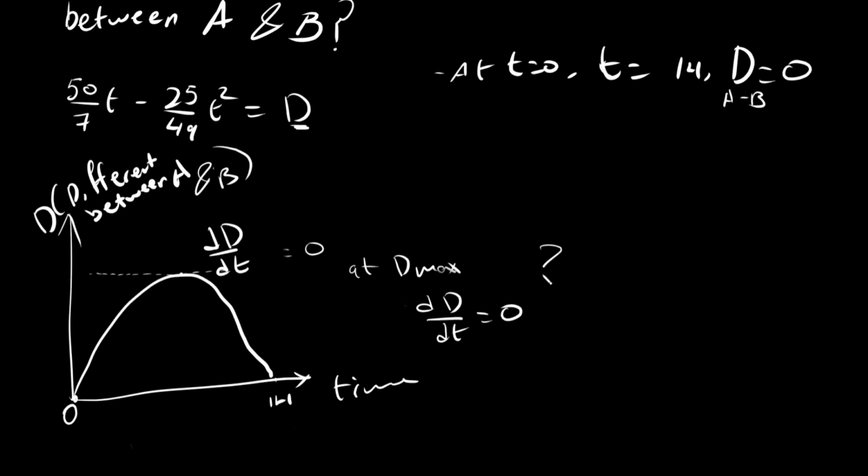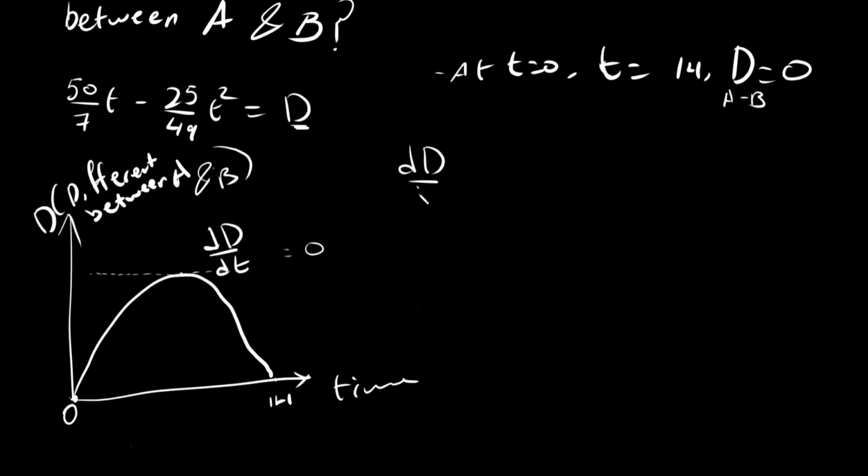This is something that you must know. This is how we find the minimum and the maximum. We're going to go into more detail at the end of the year when we graph functions, and this is going to be the best part of calculus 1. So let's derive this equation.